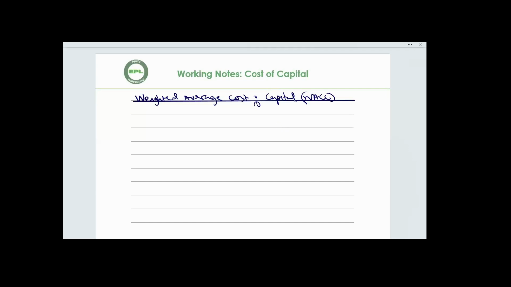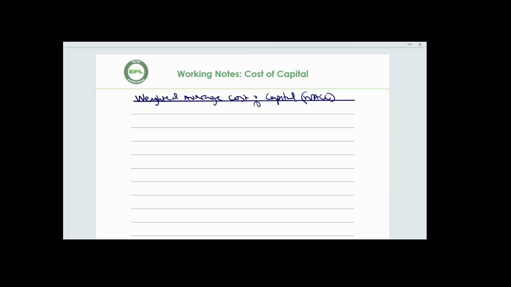So today we are going to be having weighted average cost of capital. Therefore, what do you understand by WACC? Please open to the material at your hand. You already have it. So let me talk through the working notes while you open to your material.